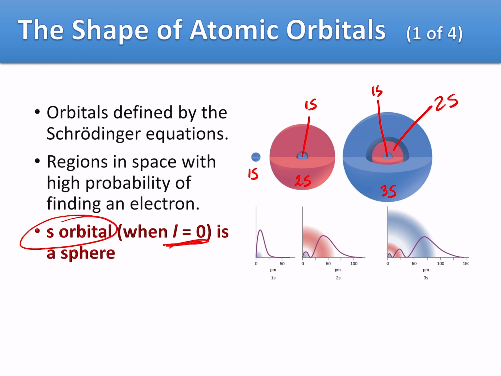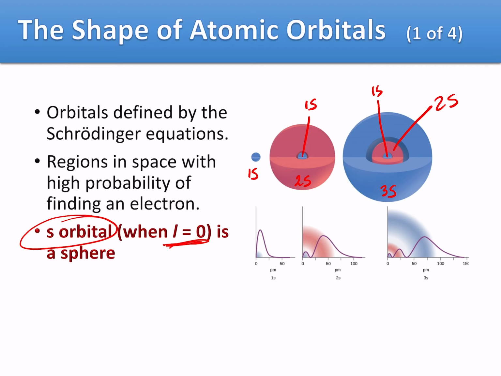So the shape of the orbital is the same, it's just that the size of the orbital depends on what the value of n is. Remember, if the principal quantum number gets larger and larger, then the electron is farther and farther away from the nucleus, and that's what's basically being represented here.